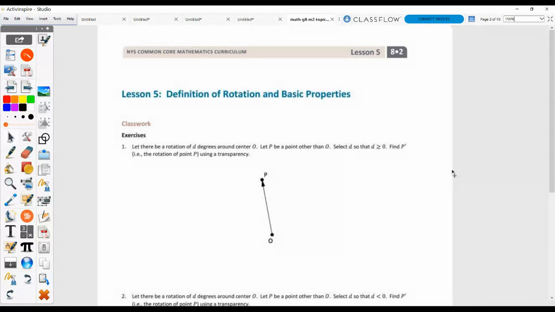Find P prime. It even says, for example, the rotation of point P using a transparency. So you are going to have to get out your transparency. And as we take a look at this, we know that when we have a degree of greater than 0, we are moving to the left.